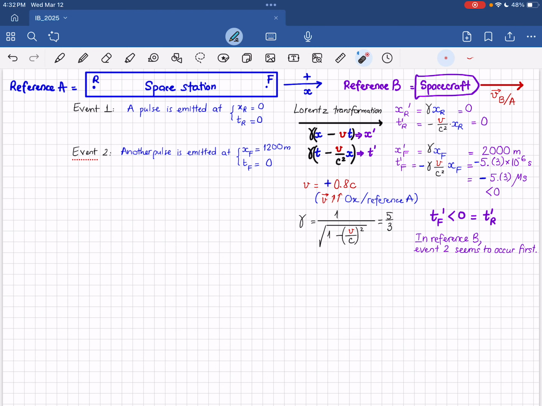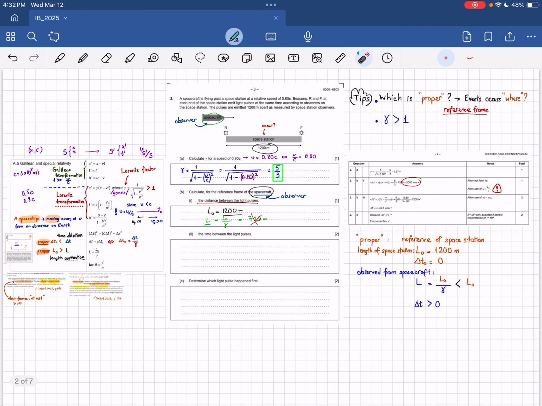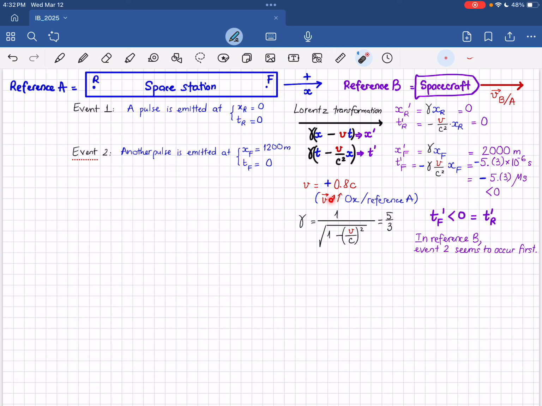Here is the space station, and I choose the positive direction for the position to be from left to right, because as in the problem statement, the spacecraft is moving to the right, so I want V to be positive, to make the math easier. As I choose this as the positive direction, the spacecraft is moving in this direction, that's why V has a positive value.